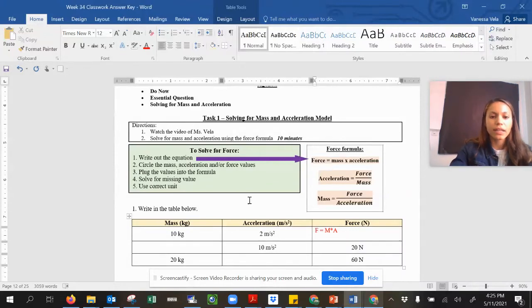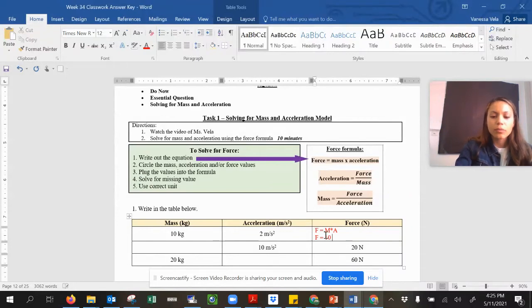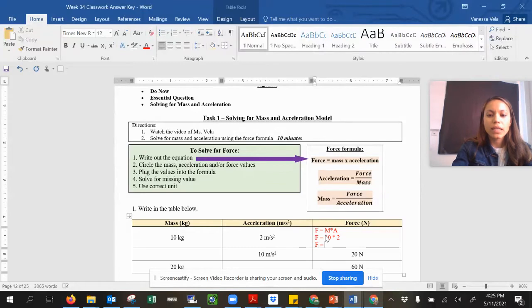We identify the mass and the acceleration, and now let's plug in those values. We don't know the force, but we do know the mass, which is 10, and the acceleration, which is 2. So we get 20. Is it 20? Yes, and add the unit, because you need to use the correct unit. The unit for force is newtons. If you forget that, it's also in your reference sheet.